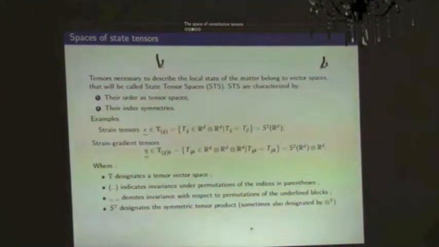And these spaces are characterized by tensorial order. It's very important. It can be demonstrated that if you don't have a third order tensor as a kinematic descriptor, you cannot see, in strain gradient elasticity, the hexagonal symmetry.